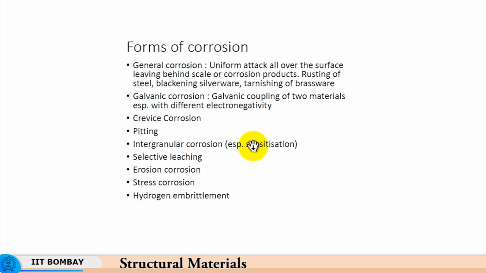Hydrogen embrittlement is another issue again. Well, there is no reaction as such between hydrogen and the material, but it results in brittle behavior or sudden cracking or sudden degradation of the material. And how does it happen? Well, hydrogen is present in a diffusible form, meaning atomic form, in the material.